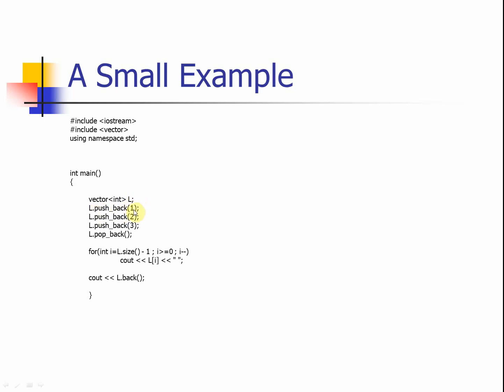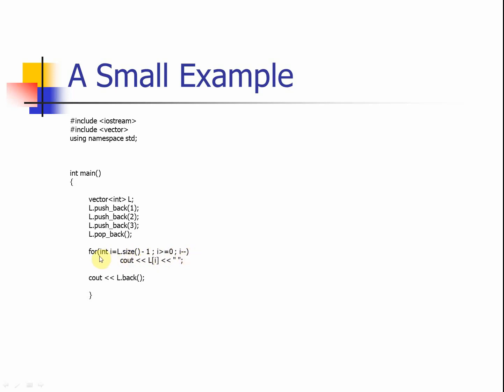Once we do push_back 1, push_back 2, push_back 3, that's equal to push 1, push 2, and push 3 in our stack implementation. When we do L.pop_back(), that means we do a pop operation so that we will take things away. The traverse or the display function is given in here. You can see int i equal to L.size() minus 1, and as long as i is greater than or equal to 0, i minus minus.